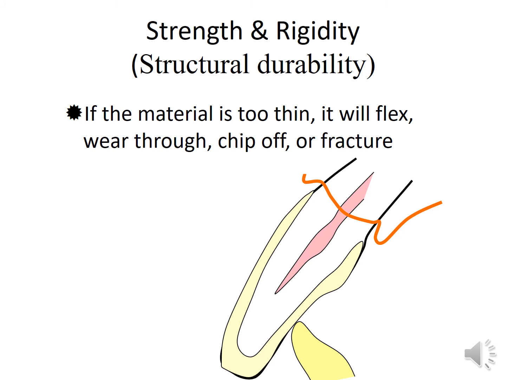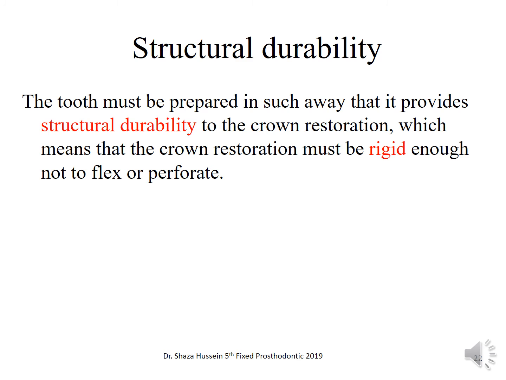The tooth must be prepared in such a way that it provides structural durability to the crown restorations, which means that the crown restoration must be rigid enough not to flex or perforate.